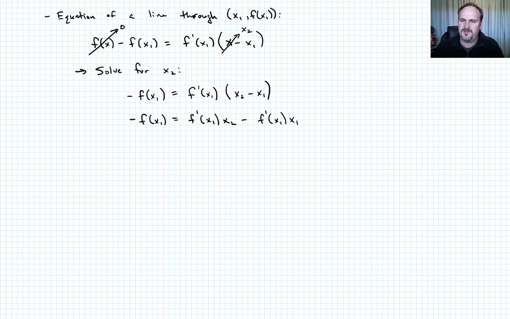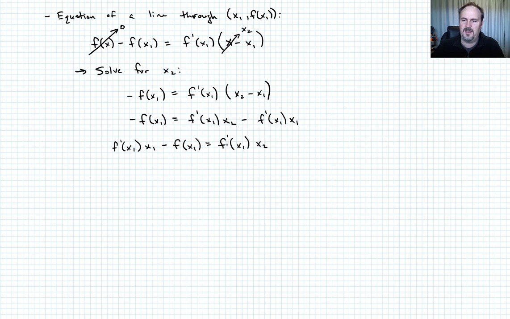Remember, I'm solving for x2, so I bring this over, and I'm left with f prime of x1 times x1 minus f of x1 is equal to f prime of x1 times x2.